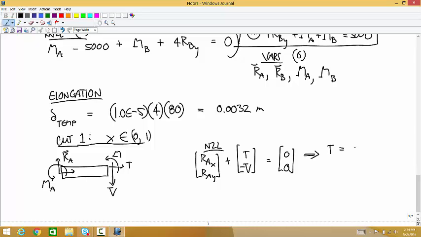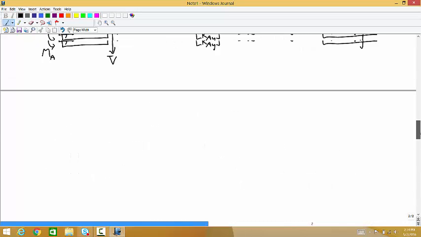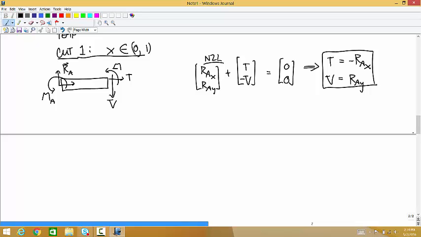So T is equal to negative RAX. V is equal to positive RAY. And then the moment equation, MA plus M, the bending moment, minus Vx is equal to 0.